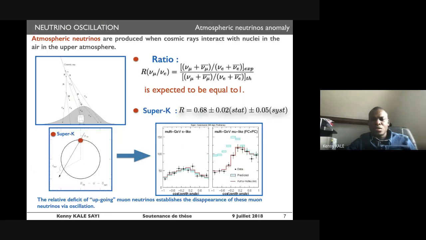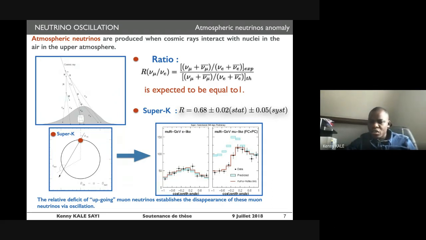And you can see this in all other experiments. We have many sources, many origins of neutrinos. You can produce neutrinos in a star, in beta decays, and also in the atmospheric interactions of cosmic rays, which interact in the higher atmosphere. They also predict neutrinos.